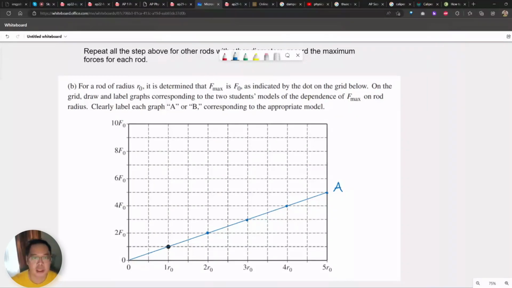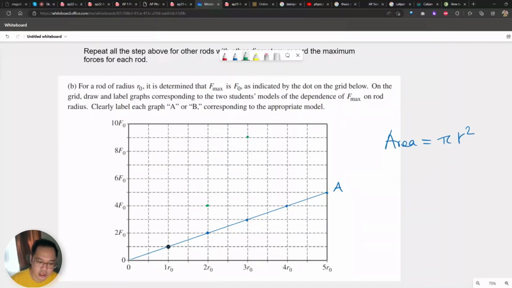Student B claims that it is proportional to the cross-sectional area, and the area is pi times r squared, and therefore 2 times r, 4 times the force. Let me use another color for student B. 3 times the radius, 9 times the force, 9 times is here.